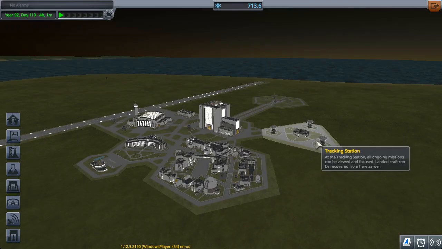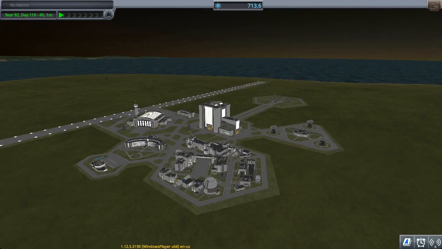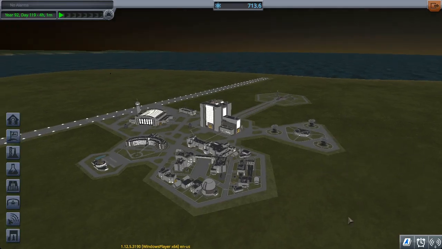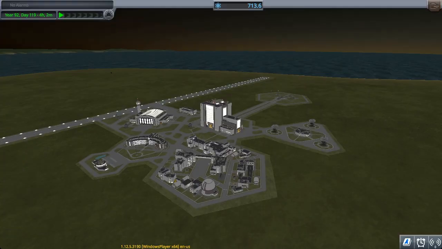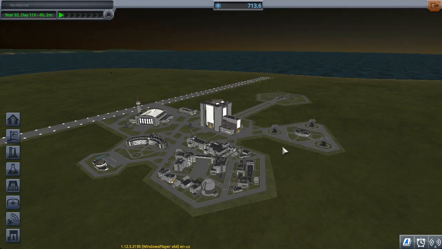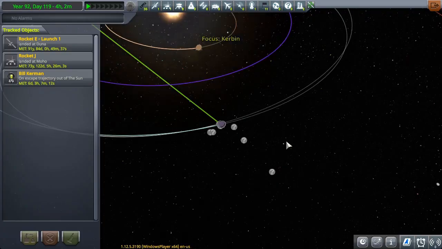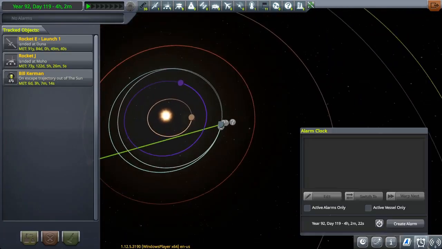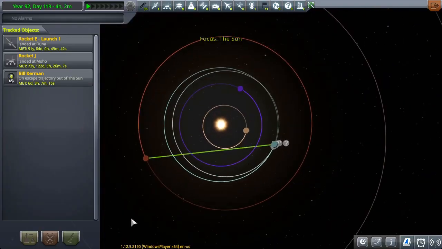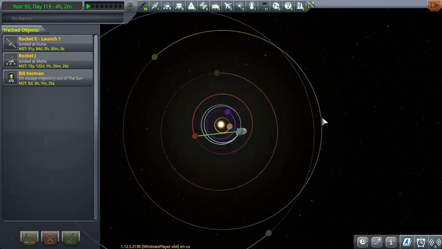Now, the problem here is that Bill Kerman is not a planet, right? So, usually, when we do interplanetary transfers, we go to the internet and find a transfer window diagram, and then we time warp such that Kerbin and the target planet are aligned at a specific angle so that it takes the least amount of delta V to go to the target planet using a Hohmann transfer orbit, right?